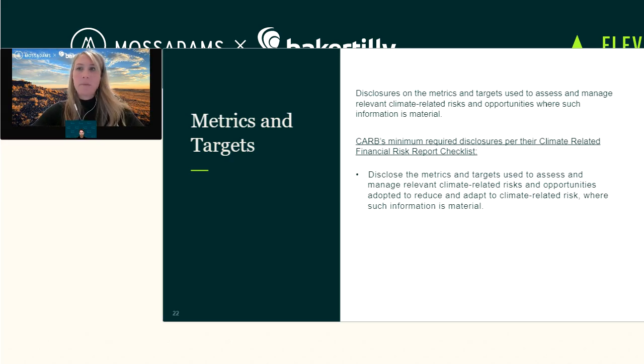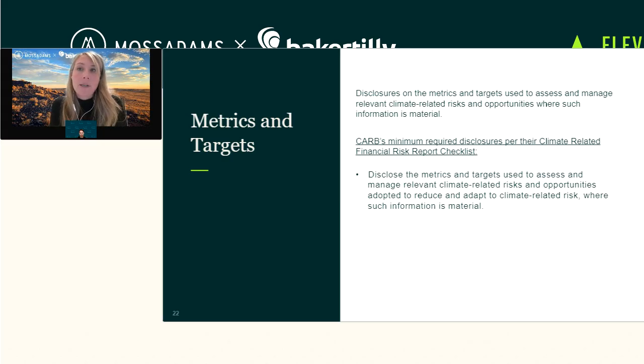So let us know where you're at on that spectrum. And I just want to echo Maddie's points about it. Certainly there is a lot that can be included in these TCFD reports. And it's really a scale, and it's something that can grow as you become more experienced in reporting this type of information. So while it can be a little daunting for your first report, there may be a lot of gaps. It may be just being transparent about what you're currently doing and where there are gaps.